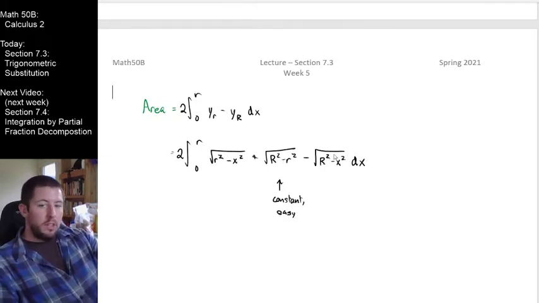These two look like they're going to require a trig sub, but the good news is they're going to require the exact same trig sub. They're of the exact same structure.